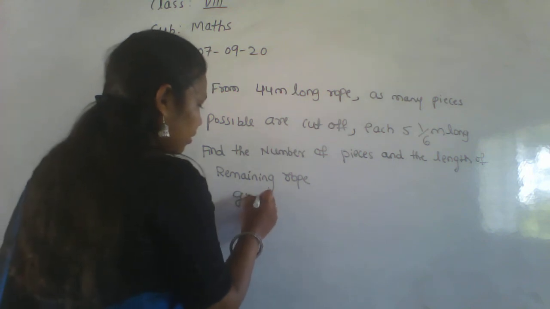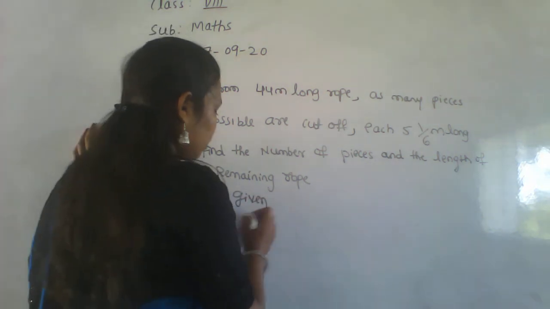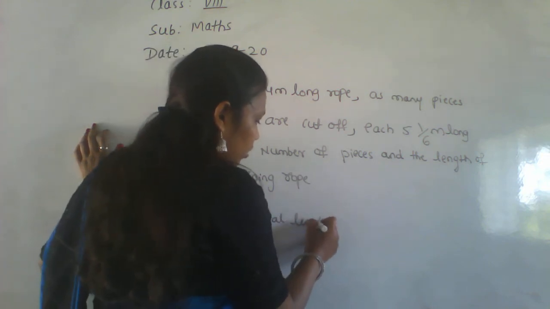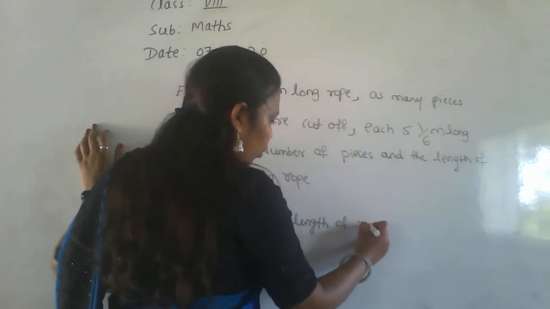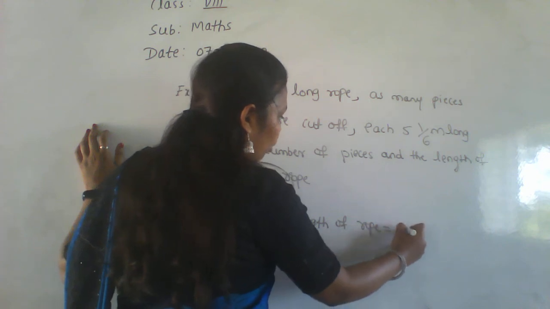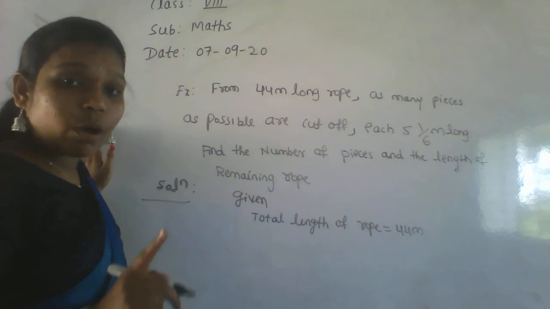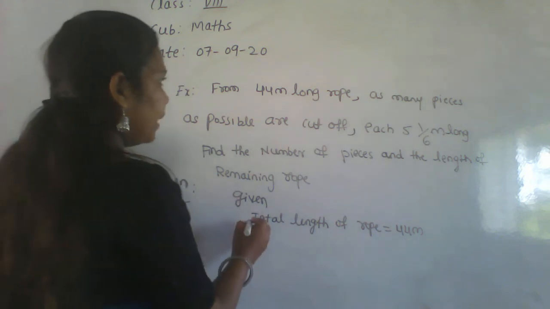Given that, total length of a rope is 44 meter.